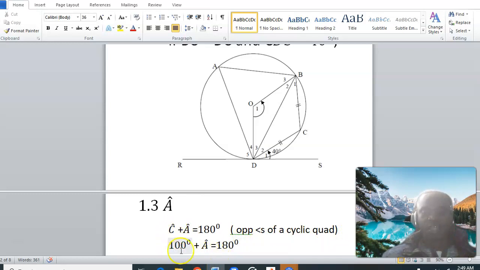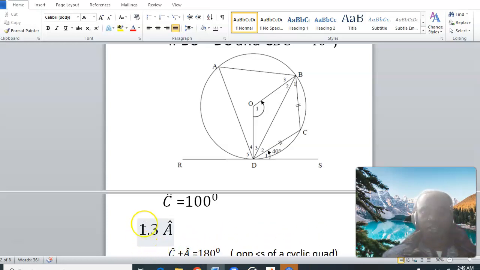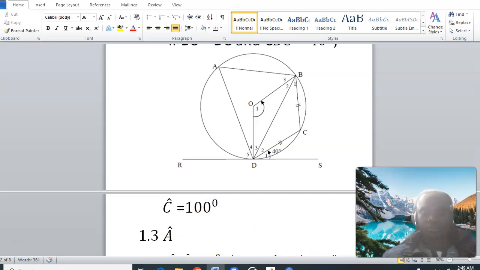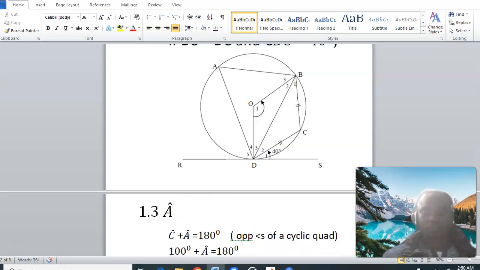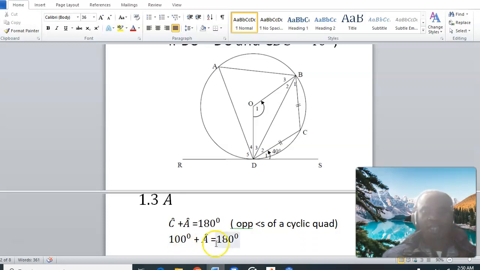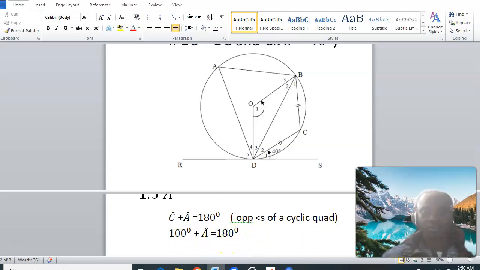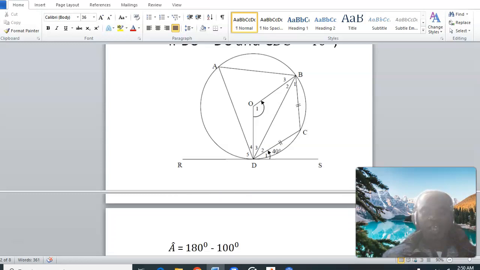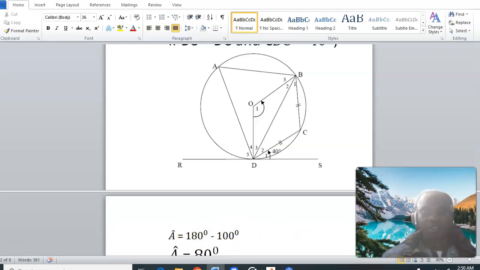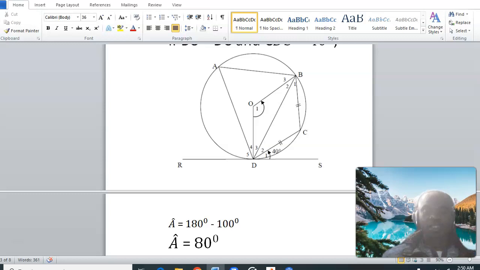But we know C to be 100. We've already calculated it. So 100 plus A is equal to 180. Then transposing the 100, we get 180 degrees minus 100 degrees. This is going to give us 80 degrees.